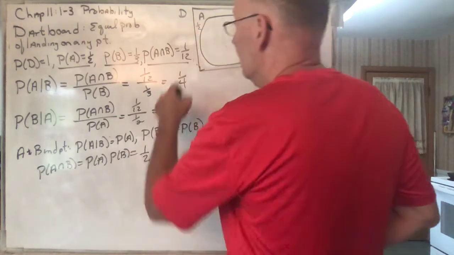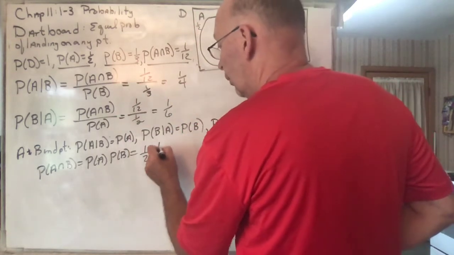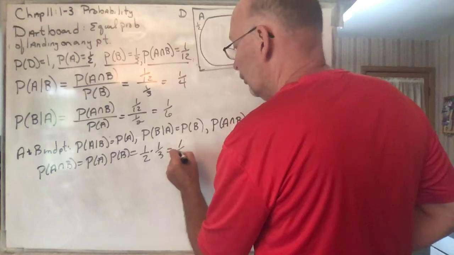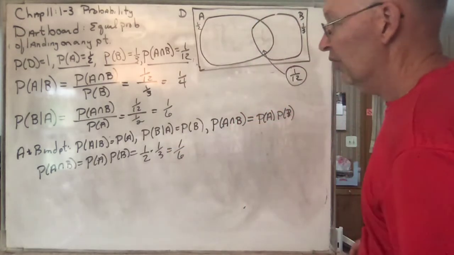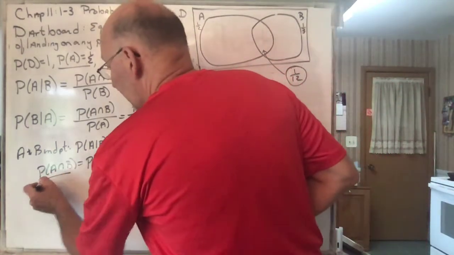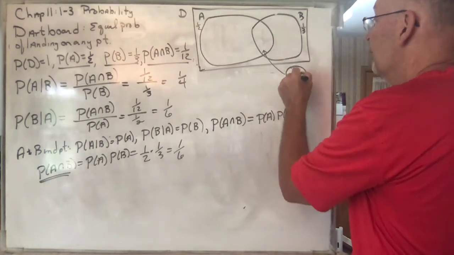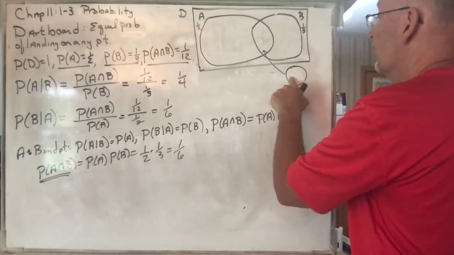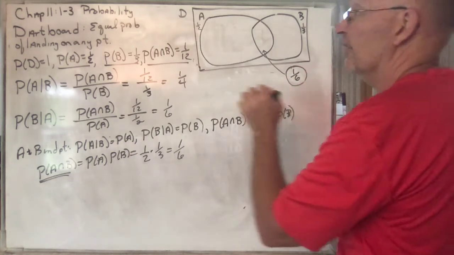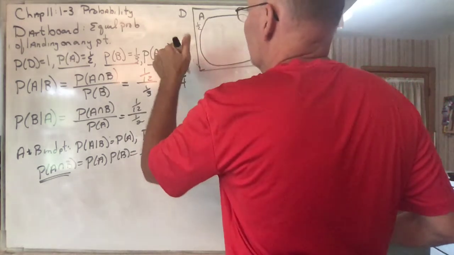It's 1/2. What's the probability of B? 1/3. 1/2 times 1/3 is 1/6. So to be independent, this probability here, instead of being 1/12, would have to be 1/6. So let's change it to 1/6.